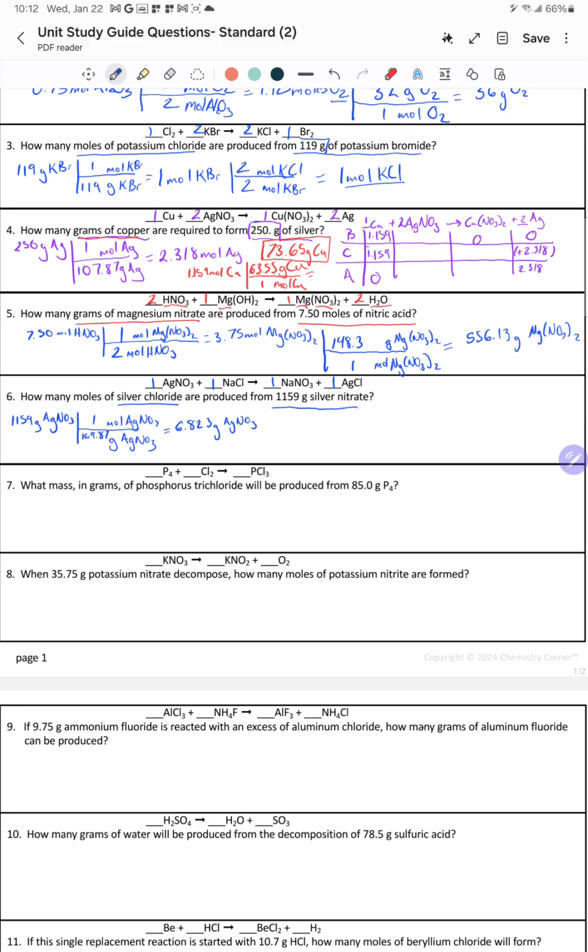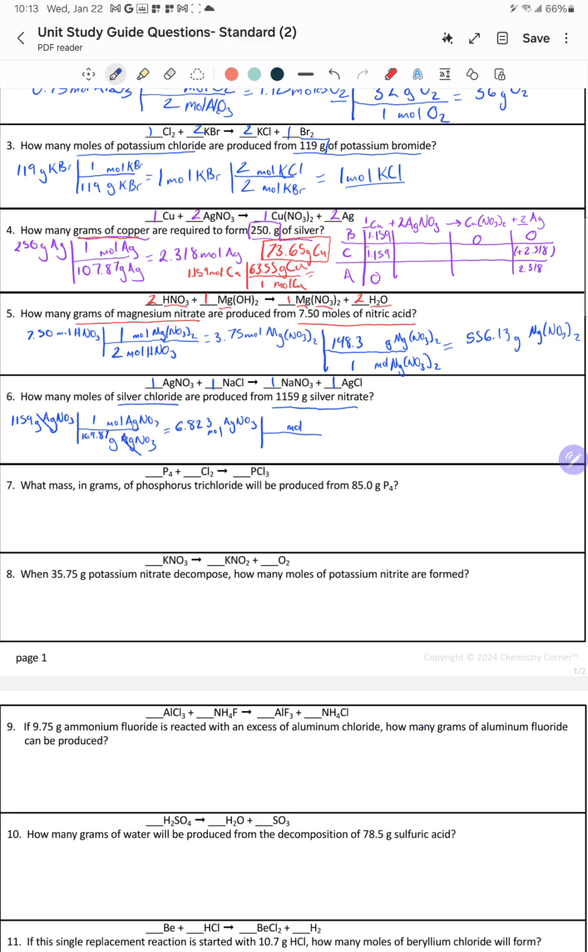Okay. After that, now I have to convert it to moles of silver chloride. So it's not grams, it would be moles. Whoopsie. Mine wasn't working there for a second. Moles. Right, because grams and grams canceled out, and now that leaves you with moles. All right, so now you go from moles of silver nitrate to moles of silver chloride. So I'm looking for moles of silver chloride.